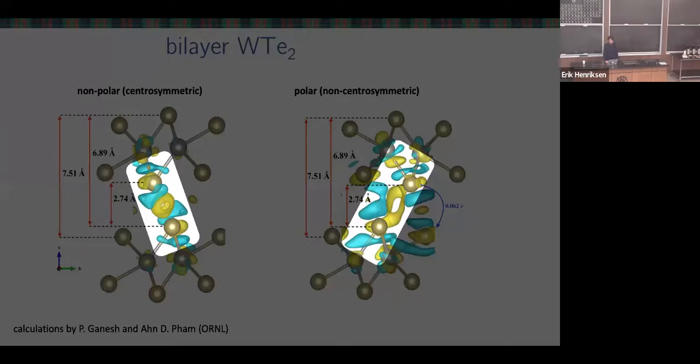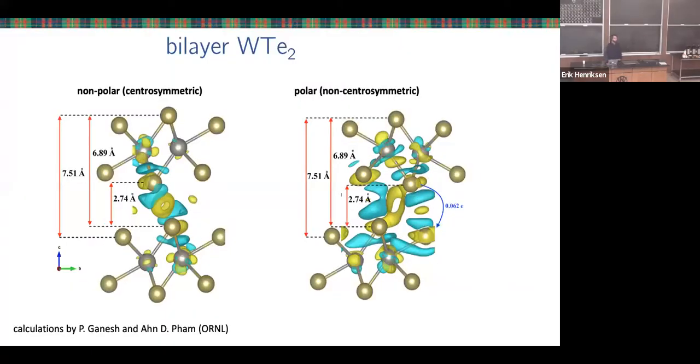So my colleagues at Oak Ridge that did these types of calculations, at least for our STM paper about twisted bilayer graphene, twisted bilayer WTe2, they basically studied what the bands look like as you reduce the layer separation.